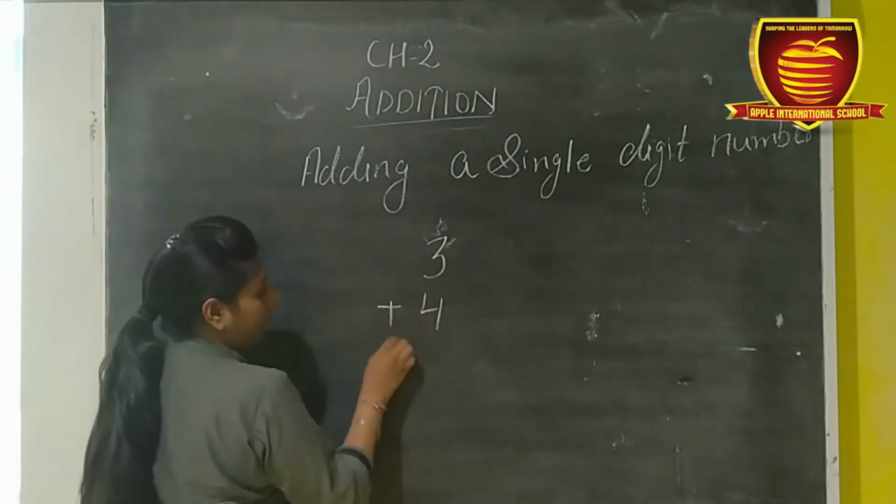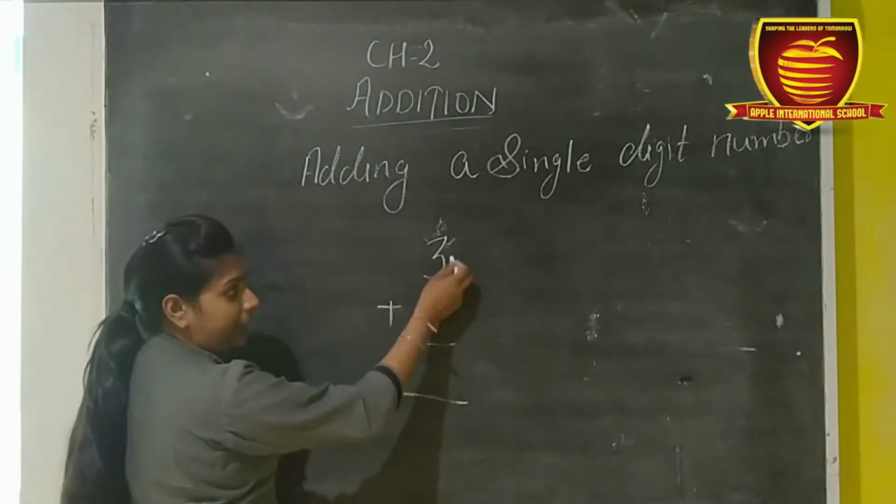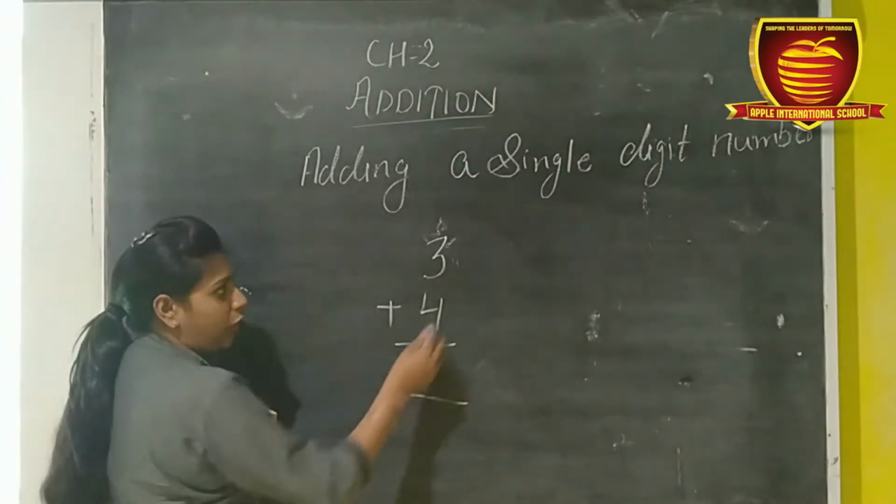Suppose we have to add 3 plus 4. These are single digits. So you know, 3 plus 4.